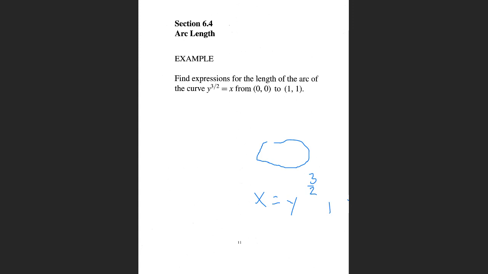So what Mark's saying is, if we squared both sides of y to the 3/2 equals x, we would get y to the third equals x squared, and that will trace out the same curve. You're correct, Mark. But for what we want to do, we can just work with x equals y to the 3/2 power. But that's a good insight.